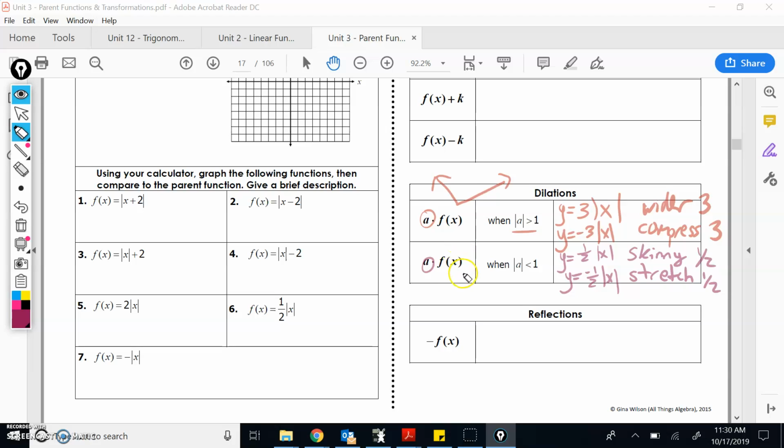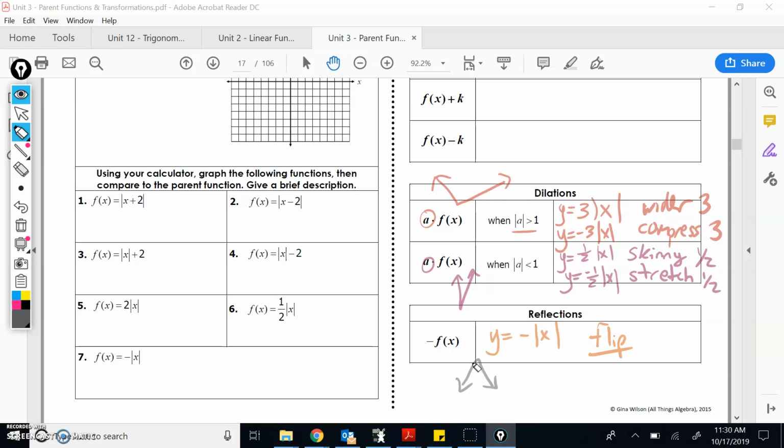Instead of the graph being the normal V shape, it's going to be skinnier like that. And lastly, reflections. If we have a negative in front of the absolute value sign, just like that, that's going to flip the graph. It's going to reflect it across the x-axis. So instead of the graph going up, it's going to flip, pointing downward.